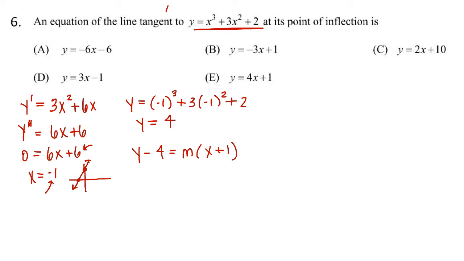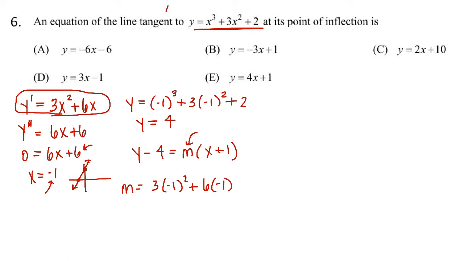So now I need my m. The m generator is your first derivative. So go back to your first derivative and sub in your x value of -1. My slope here is going to be 3 times -1 squared plus 6 times -1. So it looks like I'm going to end up with -3 for my slope.